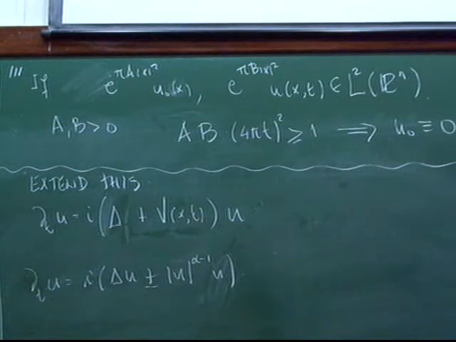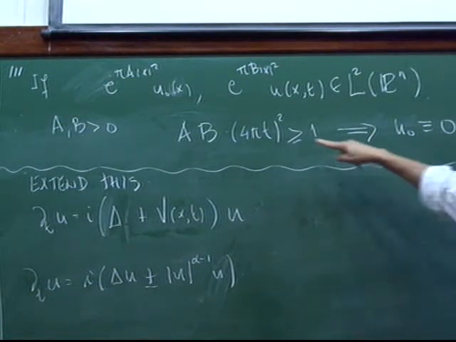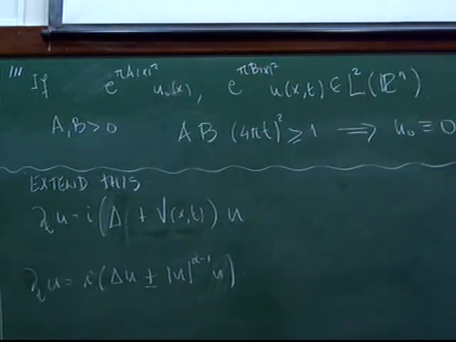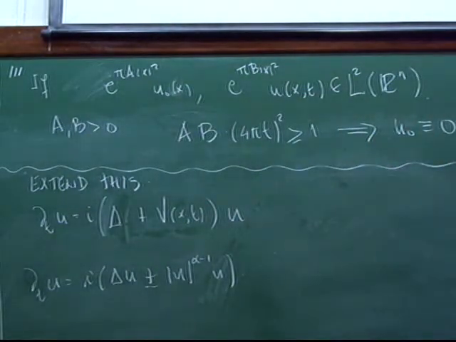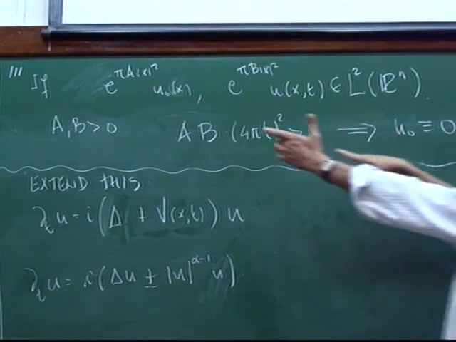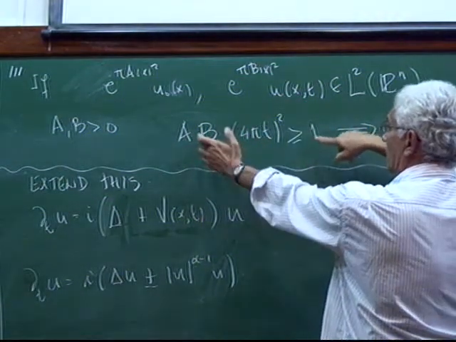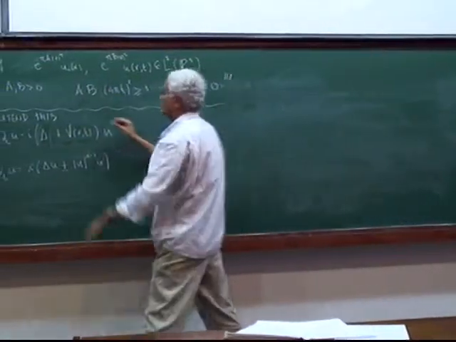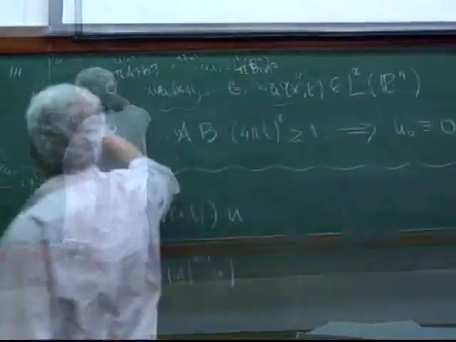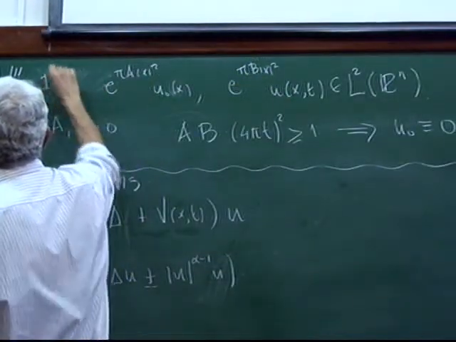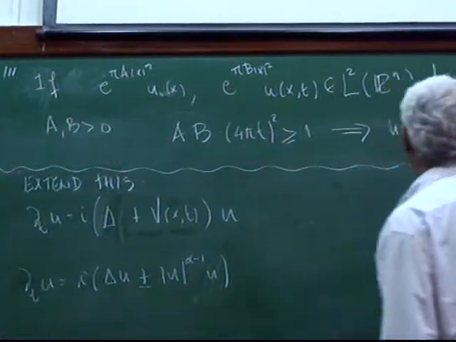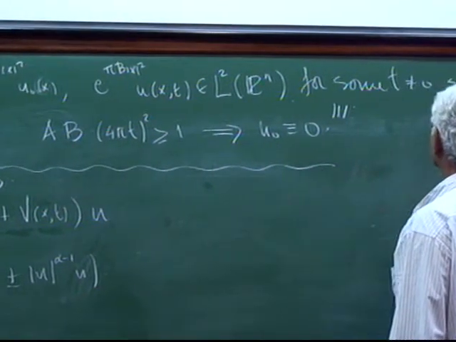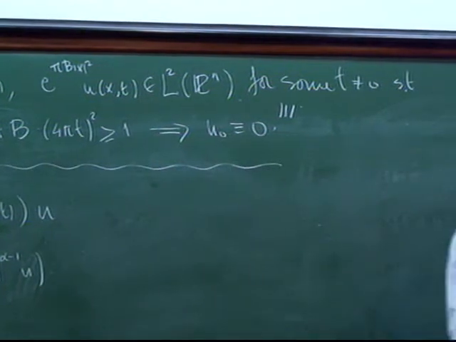For any t. For any t, this is true. Any t. If on any t you have this decay, if I do the right computation, if the numbers are correct, if you have this for any t, if there exists t, this thing.